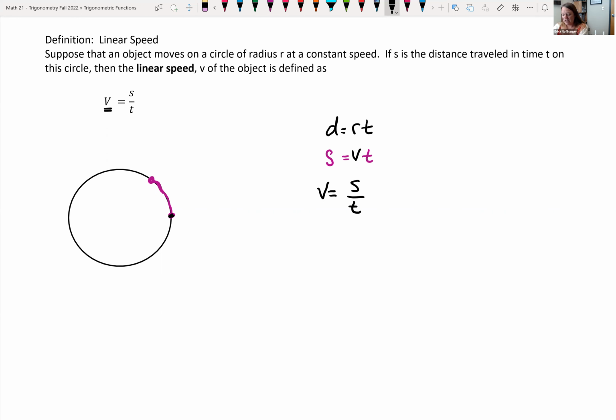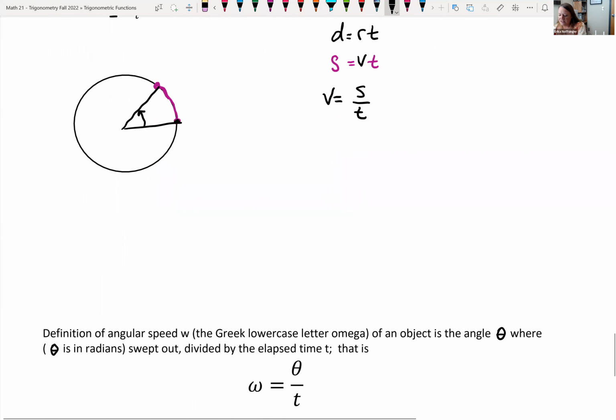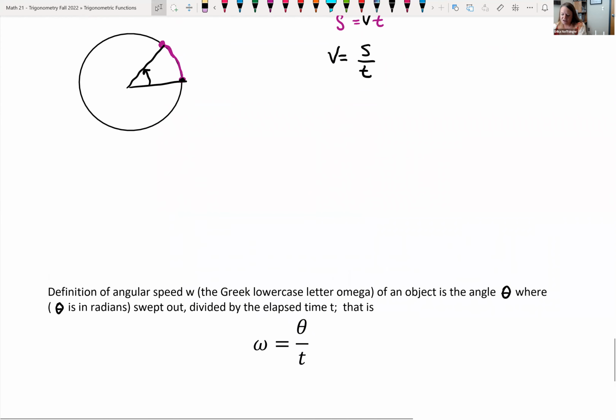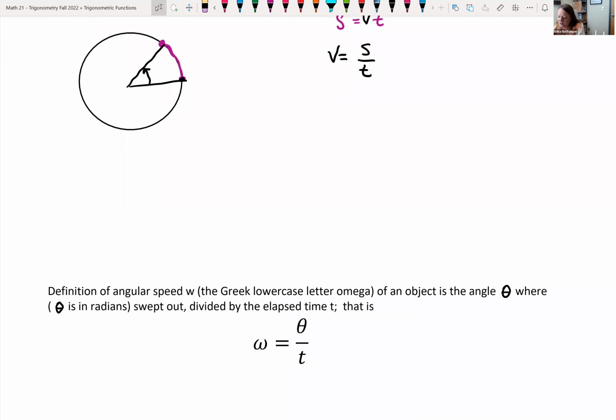If we were looking at angular speed, let me just talk about it and then we'll pull up the definition. That's how fast is that angle moving. And so the definition of an angular speed, and we use the Greek letter omega.